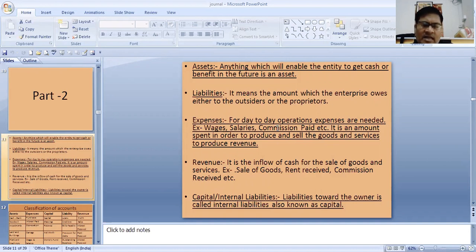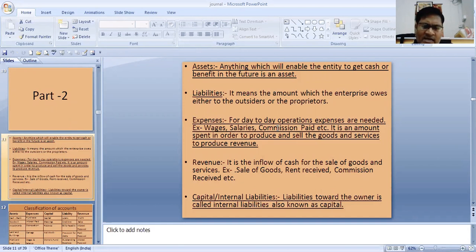As well as rent paid, printing charges, stationery, carriage, freight, conveyance, the list is inexhaustible. These are all expenses which occur in a year, and the business gets the benefit of these expenses in that particular year only. So these two, assets and expenses, have a debit balance.